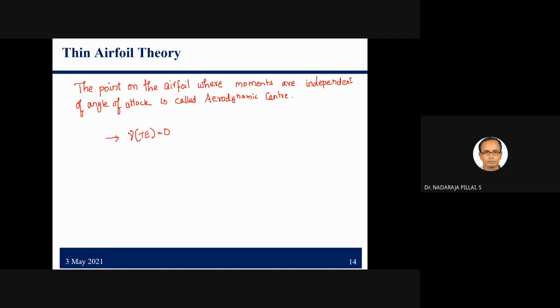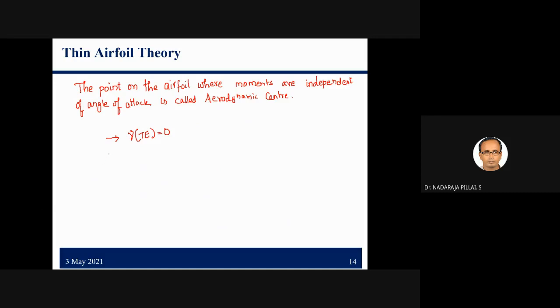So we have obtained the vortex distribution, right? And then we have gamma of zeta, transformed into gamma of theta, right? And we have arrived at various results.